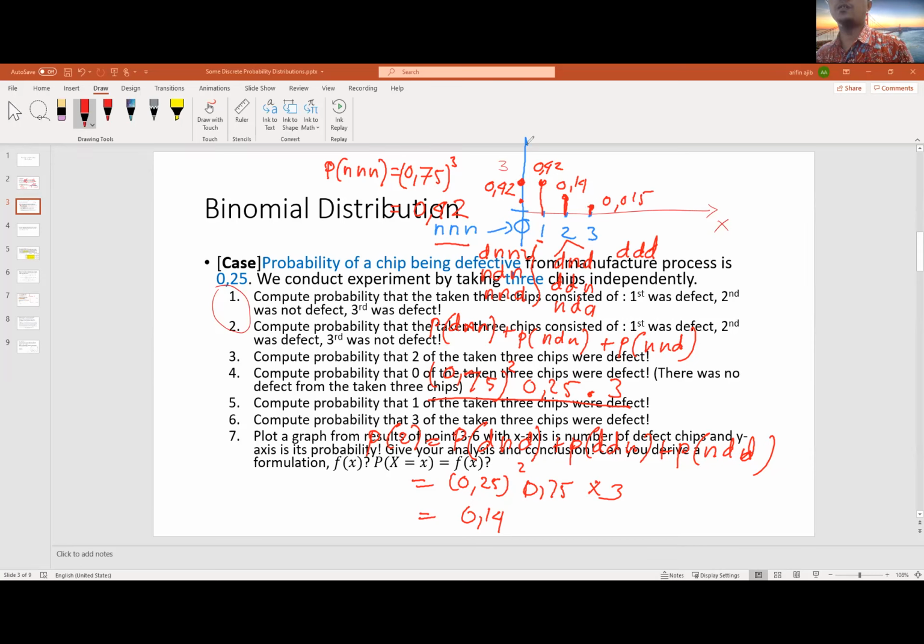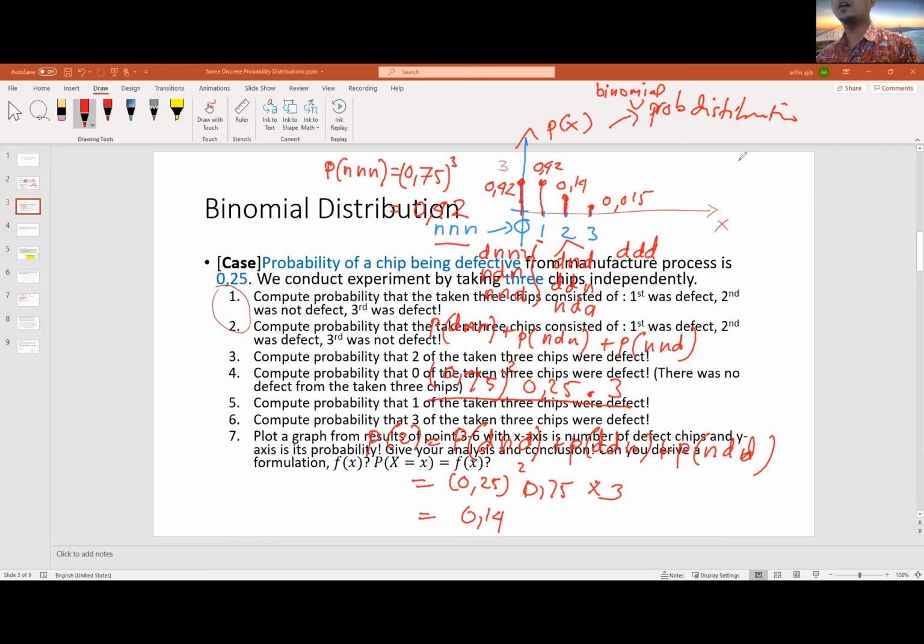So you can see now that this is the probability of X, right? Everybody can see? Everybody understand about this? This is a probability distribution. Specifically, this is a binomial probability distribution. Why is this binomial?